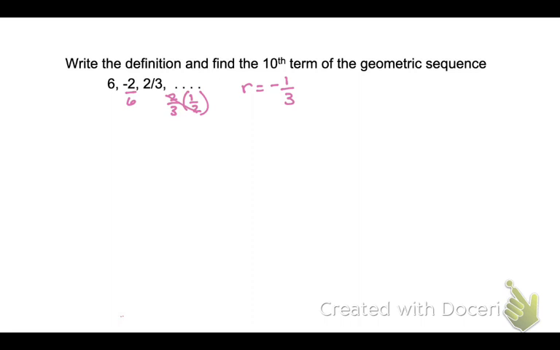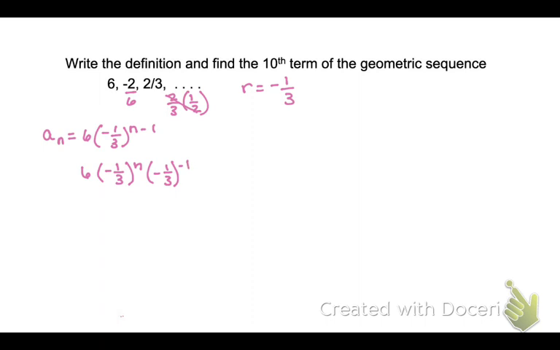Okay, so a sub n equals a sub 1 times negative 1/3 to the n minus 1. So that's 6 times negative 1/3 to the n times negative 1/3 to the negative 1.